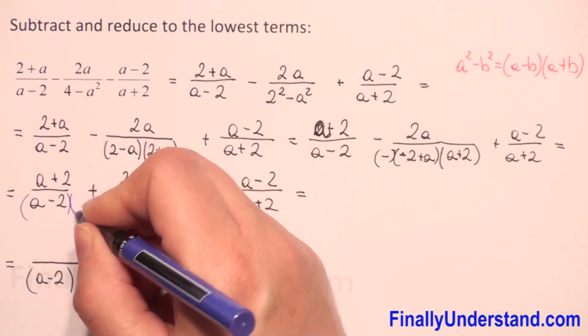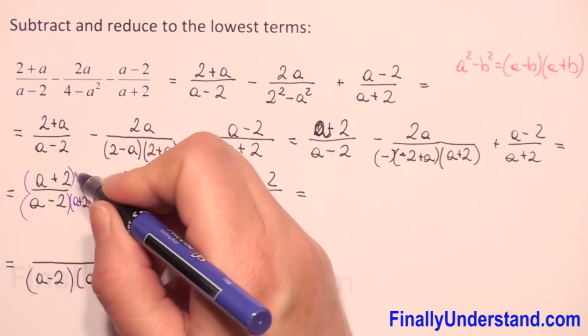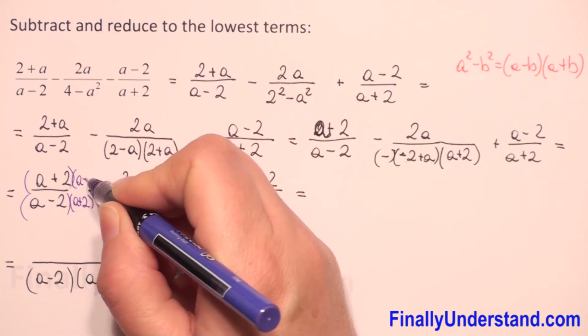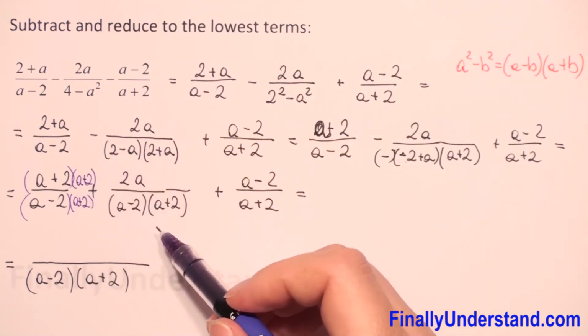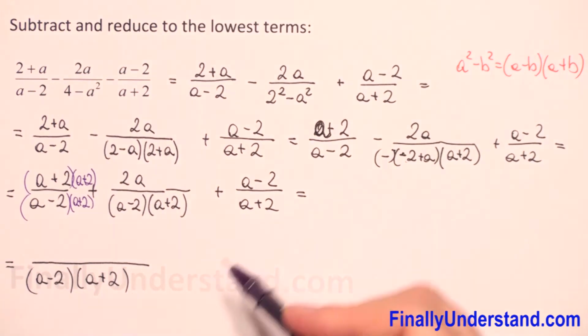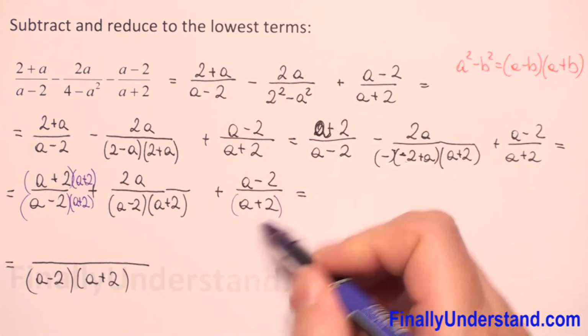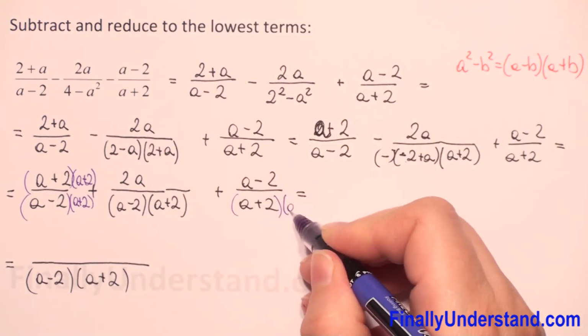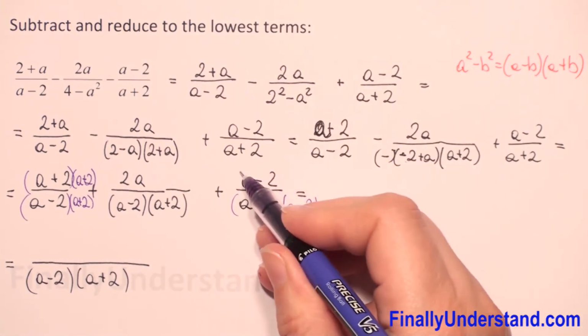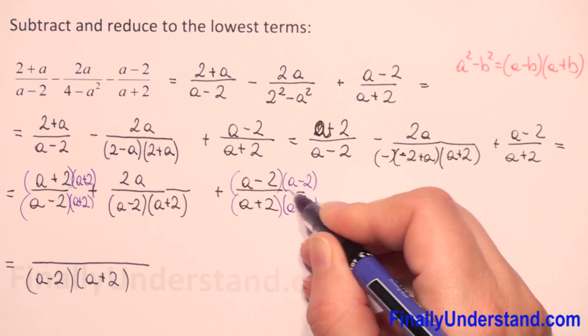If I multiply the denominator by a plus 2, I have to do the same with the numerator, so it will be times a plus 2. The second denominator is exactly the same, and in the third we have only a plus 2, so I need to multiply by a minus 2. If I multiply the denominator, I have to do the same with the numerator.